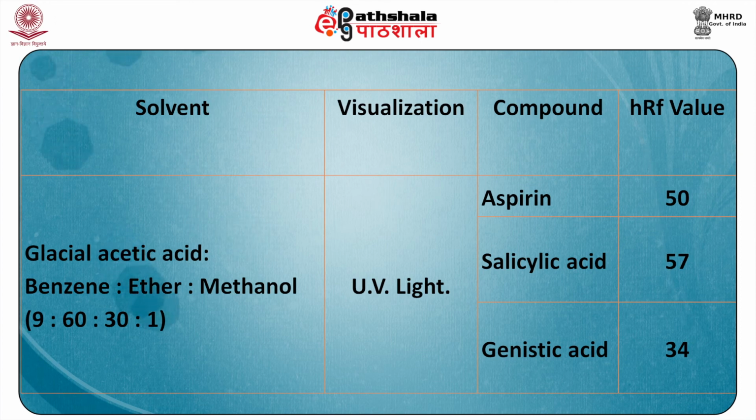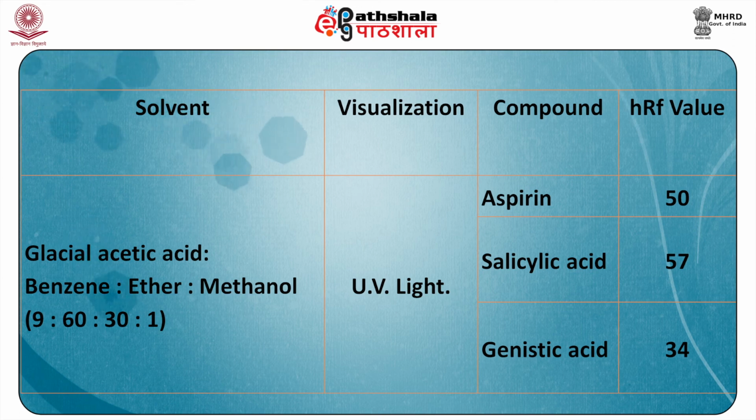And what you will observe is that a compound like aspirin will have an RF value of 50, salicylic acid will have 57, and gentisic acid will have 34. You can always put a reference of the known aspirin, salicylic acid or gentisic acid and just compare those RF values.